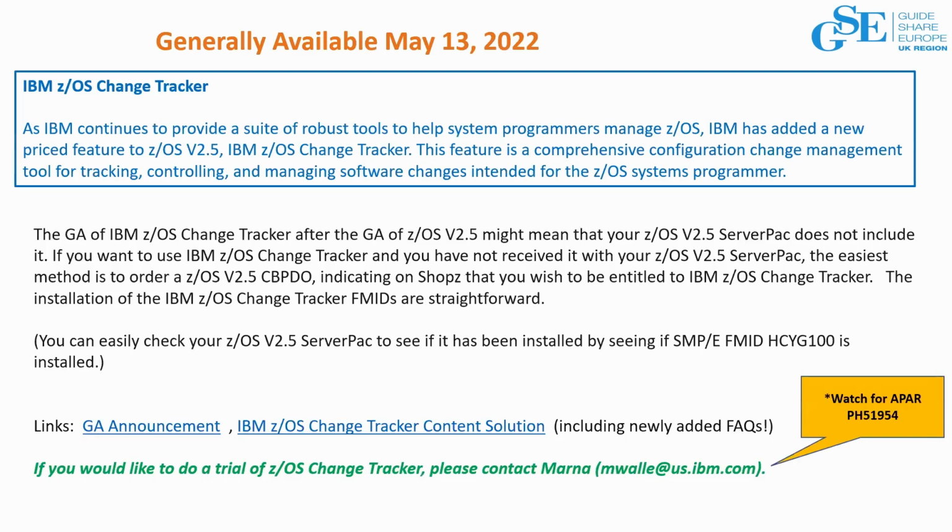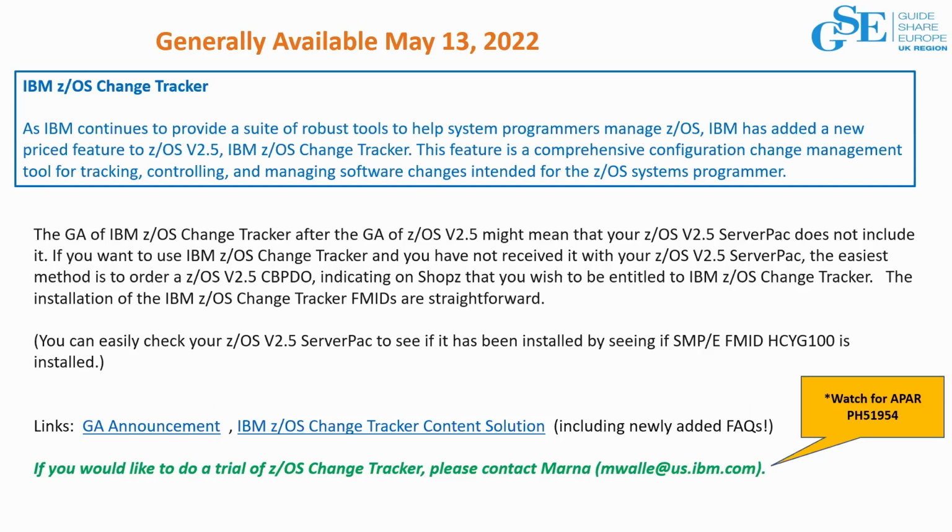The z/OS Change Tracker is a priced feature of the operating system. It is only available for z/OS 2.5. Depending on when you got your shipment or delivery of 2.5, you may have gotten it before Change Tracker was embedded into the delivery.